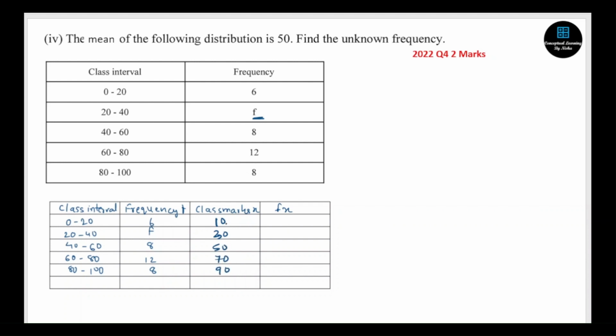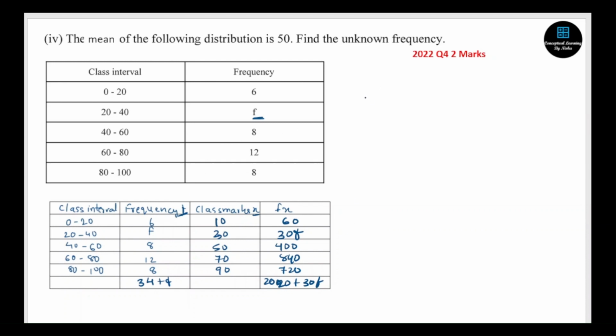When I multiply f and x, we get plus 30f. And when I add the frequencies, I'll get 34 plus f. So we have this sigma f value and sigma fx value.